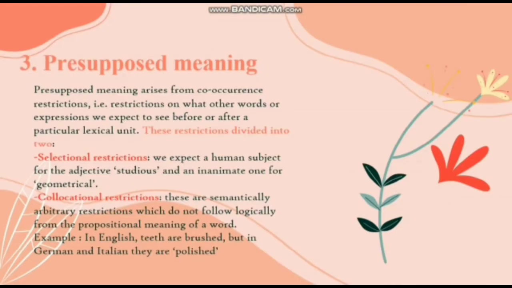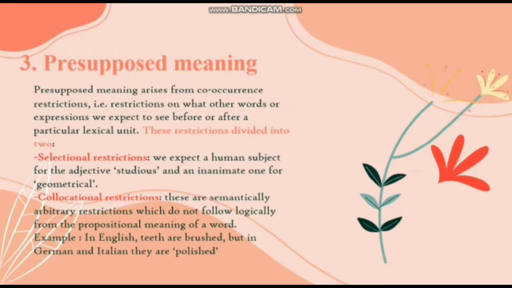And the third, presupposed meaning. Presupposed meaning arises from co-occurrence restrictions, or on what other words or expressions we expect to see before or after a particular lexical unit. This restriction is divided into two types. First, selectional restriction.